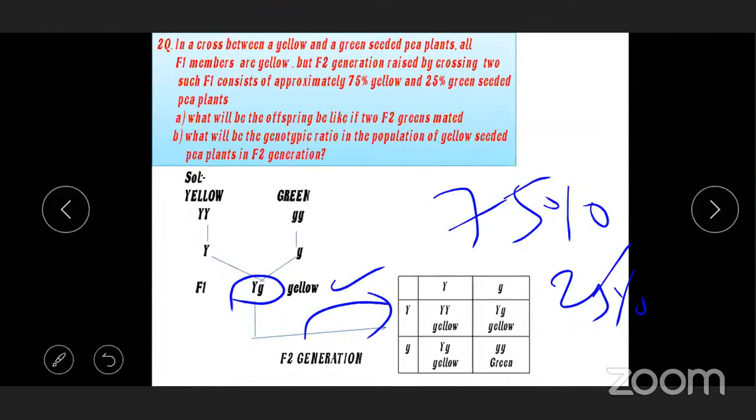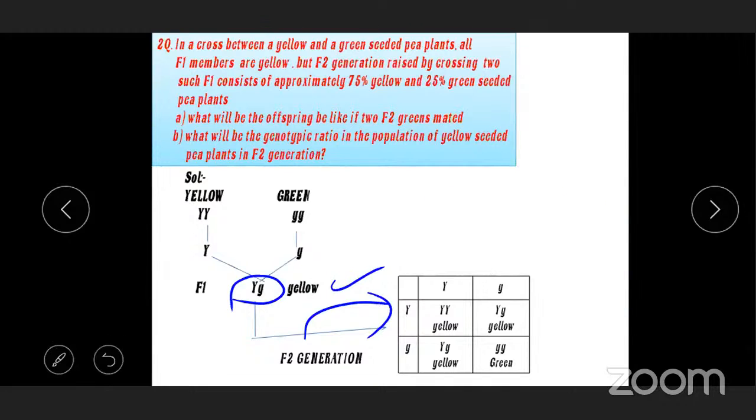So this is one sentence, one clue. By using this sentence, we have to find out question A and question B. So simple. What is question A? What will the offspring be like if two F2 greens are mated?